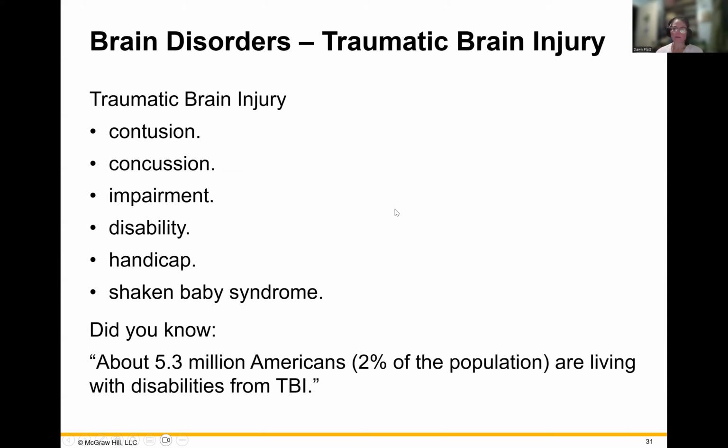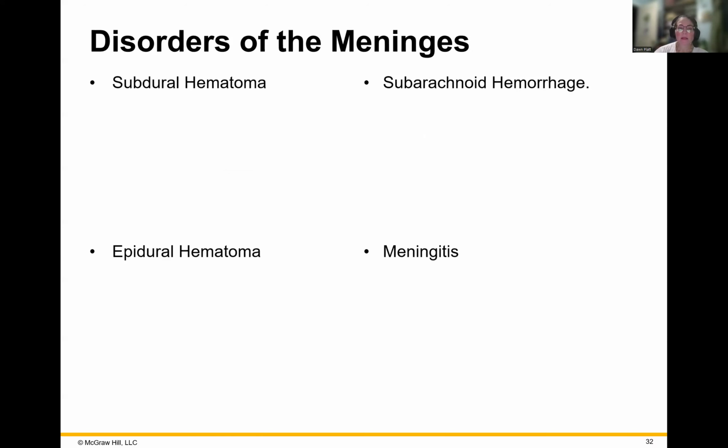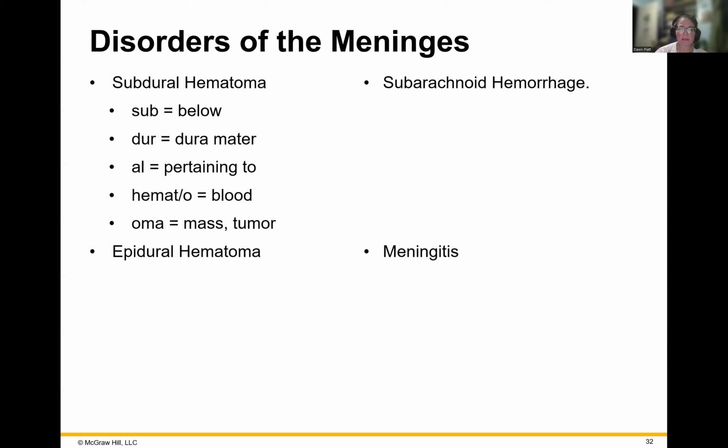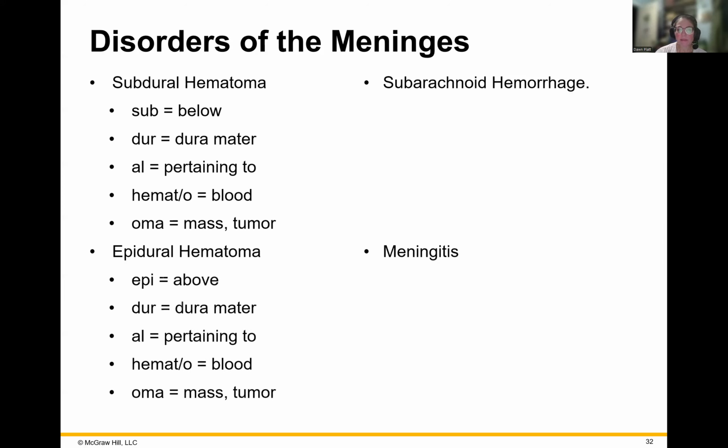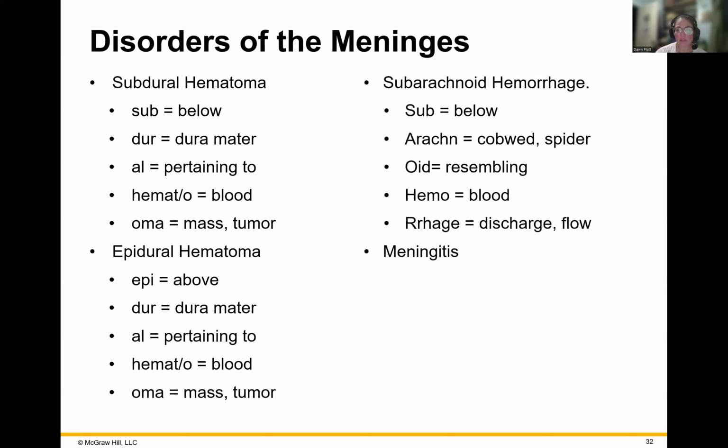In addition, we have traumatic brain injuries. These can be caused by contusion, concussion, impairment, disability, handicap, shaken baby syndrome, and disorder of the meninges. This is just an area of the brain: subdural hematoma, epidural hematoma, subarachnoid hemorrhage, and then we've already seen meningitis.